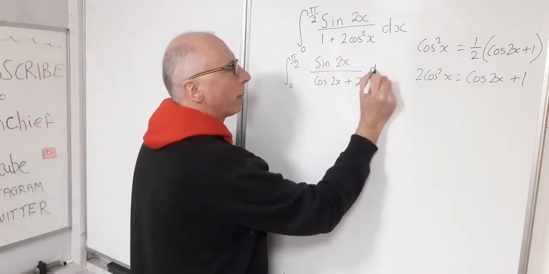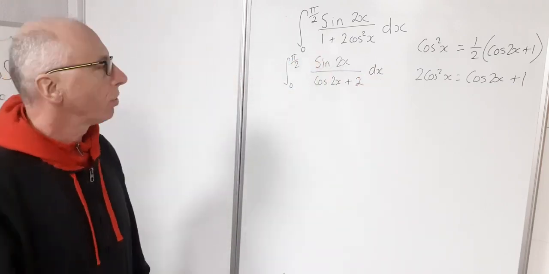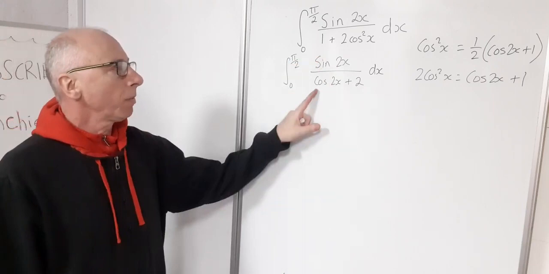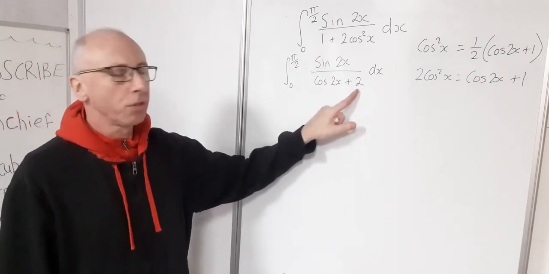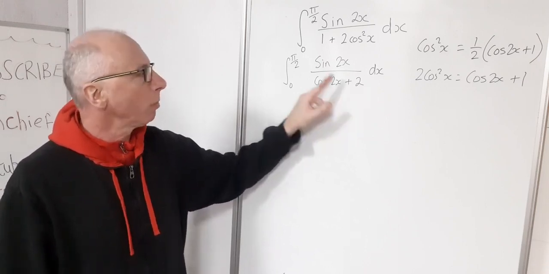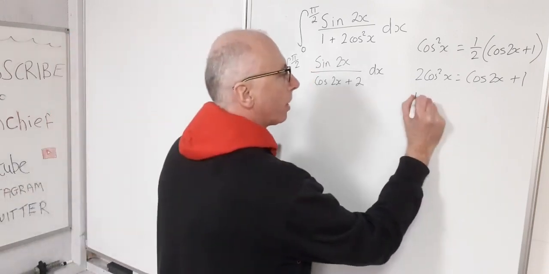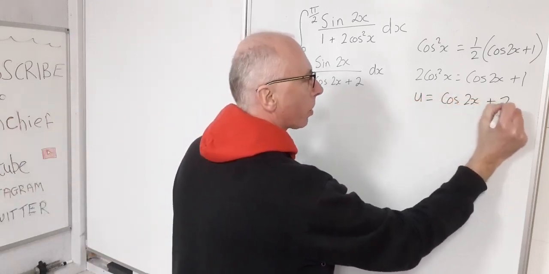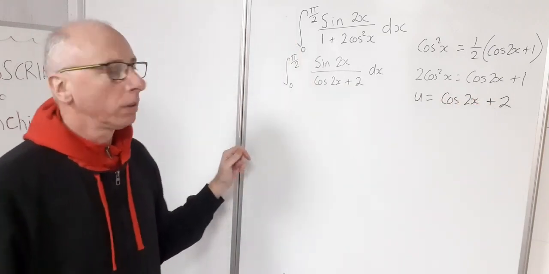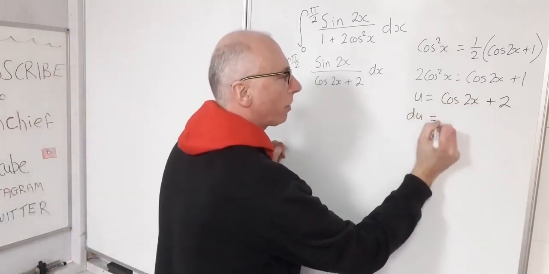Okay, so now we're ready to do a u substitution as we've got the same input for our trig functions. Now I'm going to choose cosine 2x plus 2. That way then when I take the derivative, I'll get rid of my 2 and I'll be left with something to do with sine of 2x. So let's do that. So u equals cosine 2x plus 2. So usual business when trying to do u substitution, take the derivative.